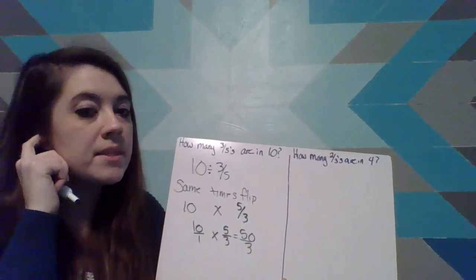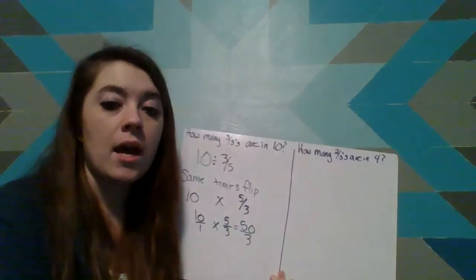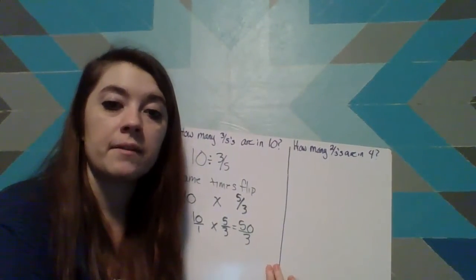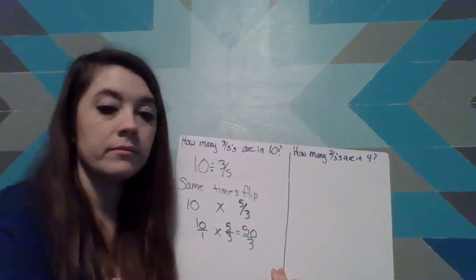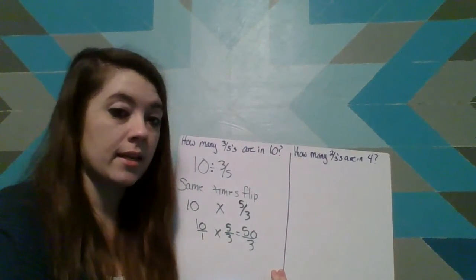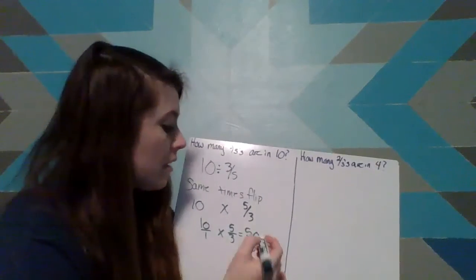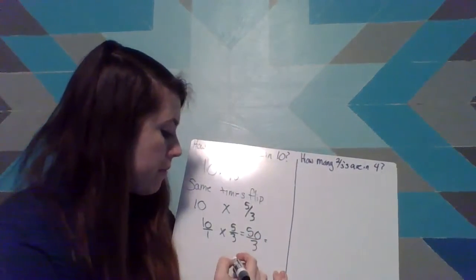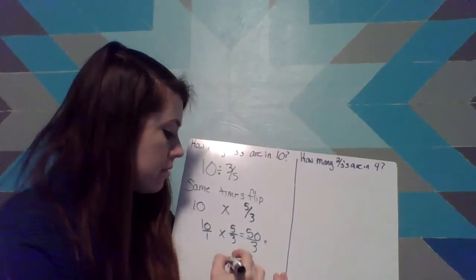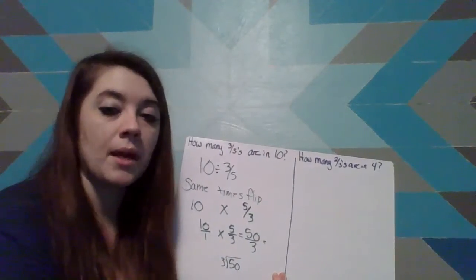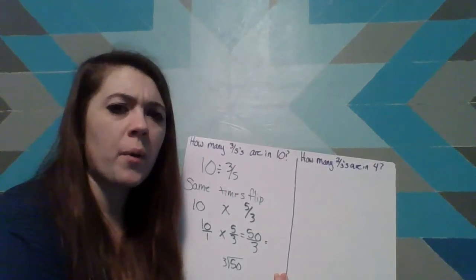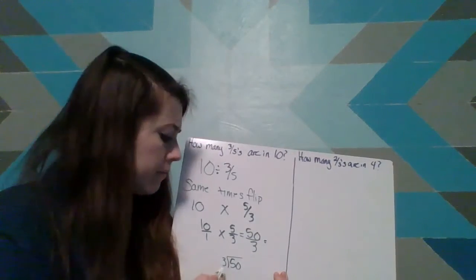Now, how many times can 3 go into 50? Any idea? So it can go in. Remember, when in doubt, because I know sometimes you guys don't think about it quite right and have a little issues, you're just dividing.